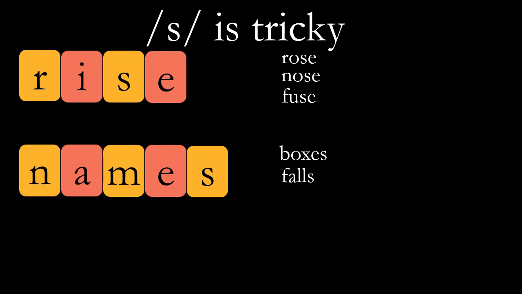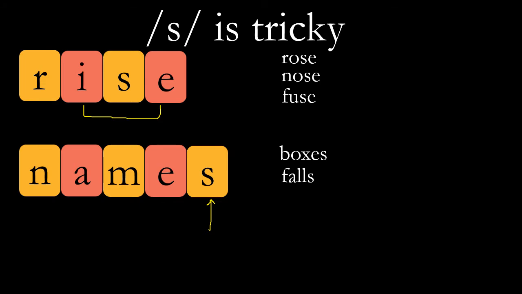Okay, and we've been talking about this tricky S. So S makes a Z sound, like we said, basically in two different situations. The first one is when it's between two vowels, like it is here. This is rise. It's not rice. And S can also be a Z sound when it's a suffix, like in names. We don't say names with an S sound.